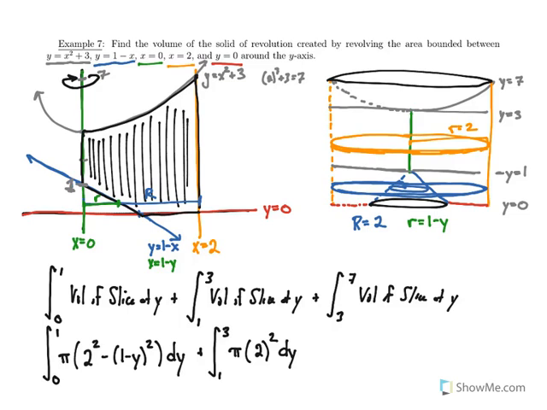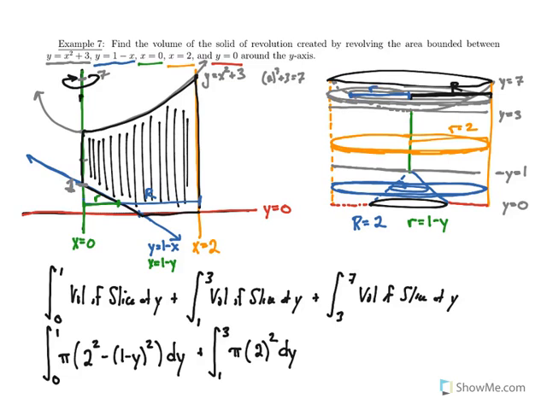And then finally at the end, from 3 to 7, we have washers where the big radius again corresponds to that 2, and the little radius is going to correspond to that gray line.